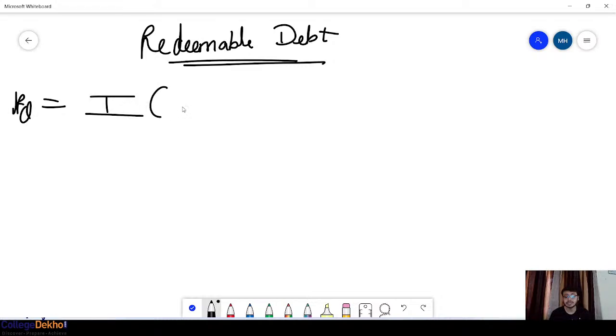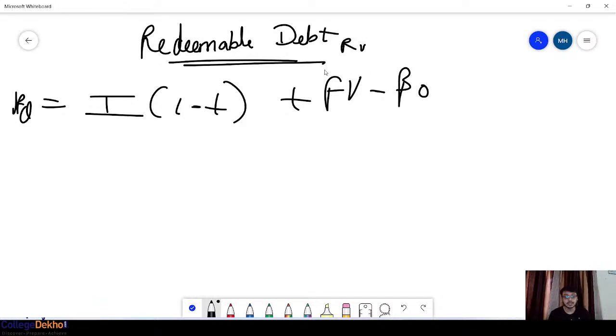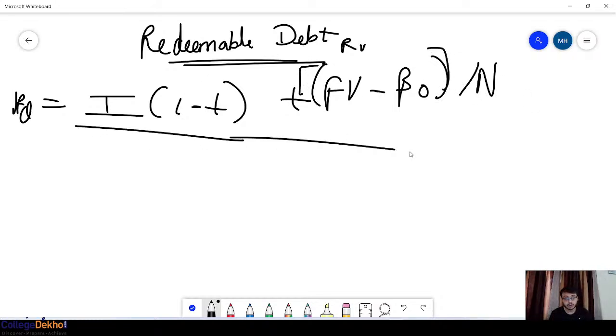I stands for interest, we all know. 1 minus tax payments plus your face value, or we can also call it your redemption value, RV, minus your net proceeds by n. Only this part is divided by n, not this whole part. Now this whole would be divided by n. Here you'll have your face value or the redemption value. Face value लिख देता हूँ.